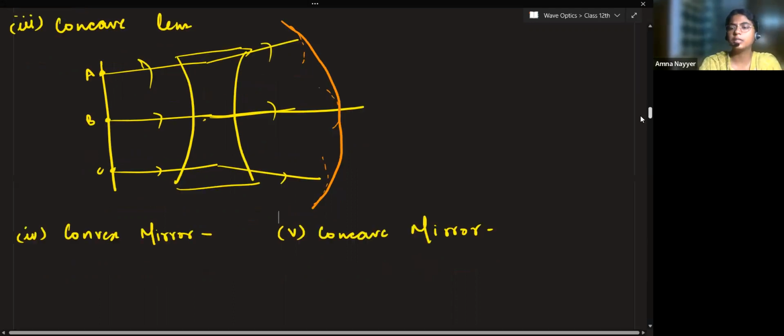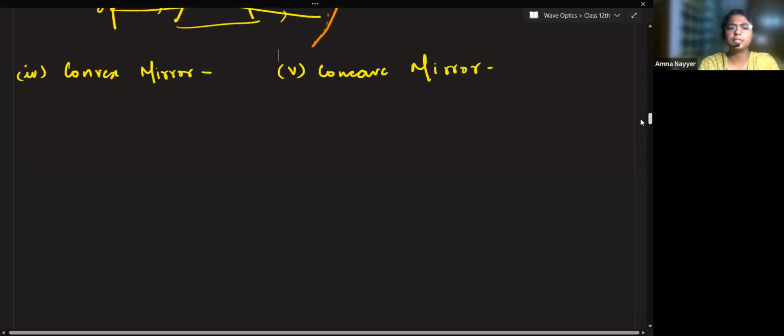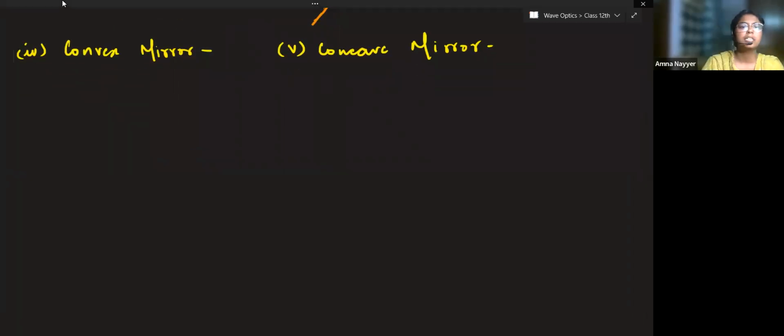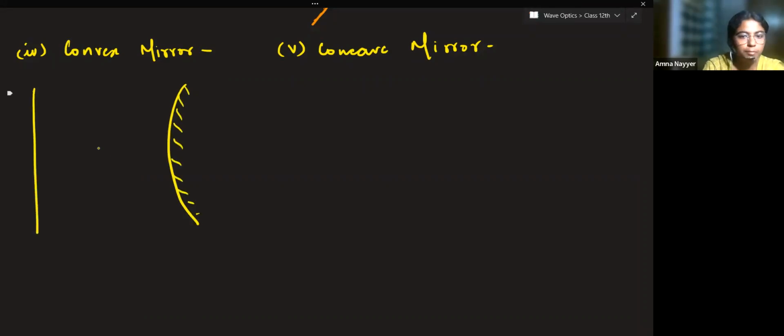Let's talk about mirrors. Let's take the last two examples, convex and concave mirrors. First, let's take the example of a convex mirror. So this is a convex mirror, let's say. This is a plane wavefront, fine. Light strikes it, then it gets reflected. This is how we have studied. Same thing here, same thing here.